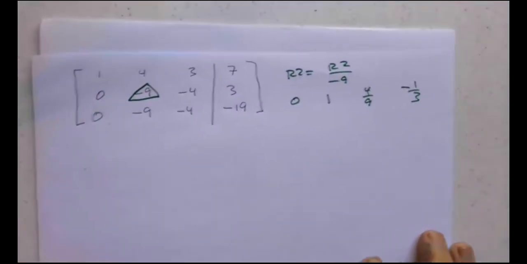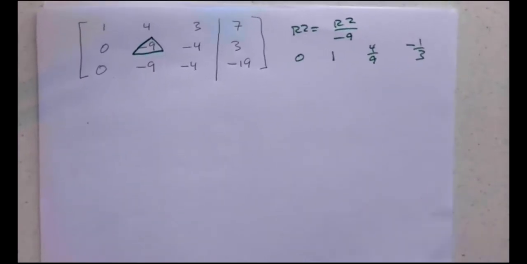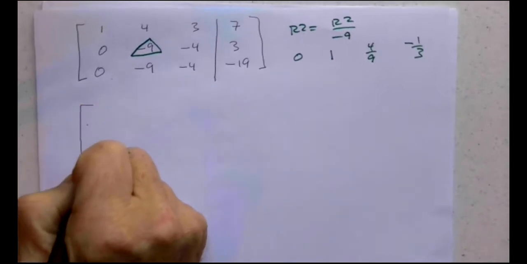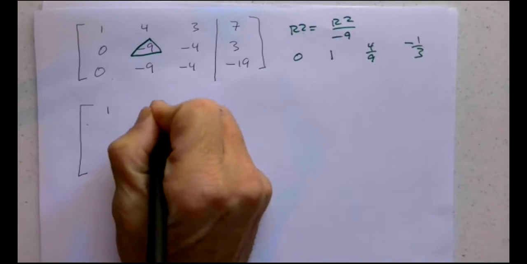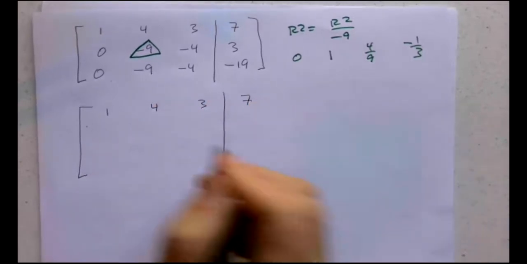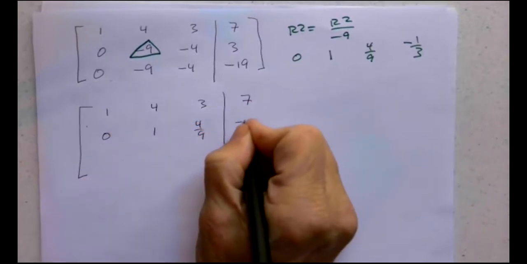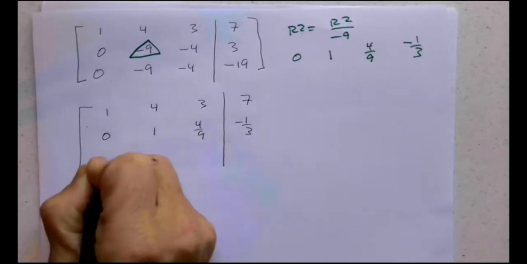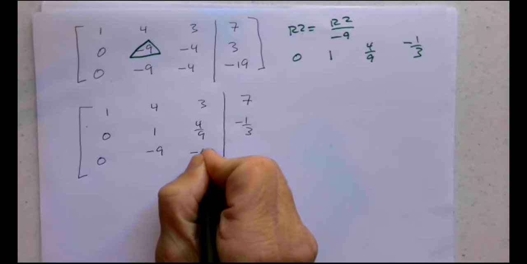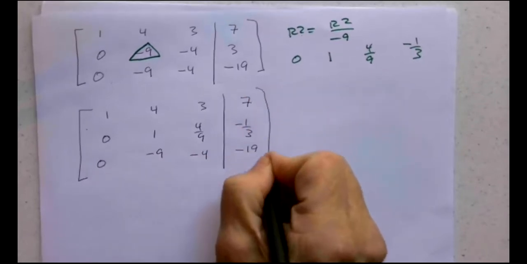So row 1 and row 3 are the same. Row 2 has changed. So where are we now? Row 1 is 1, 4, 3, 7. Row 2 is 0, 1, 4/9, -1/3, and row 3 is 0, -9, -4, -19.